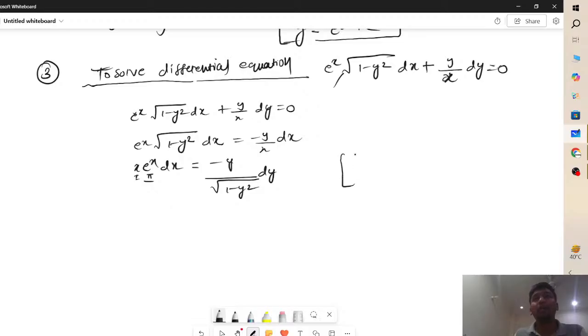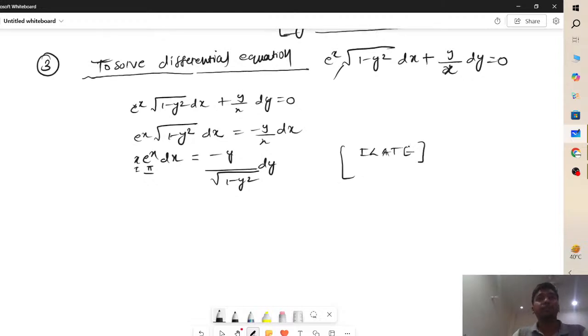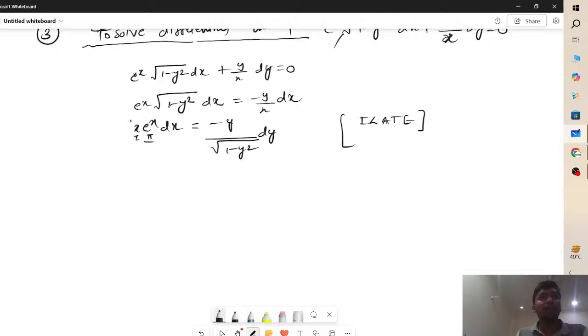Actually we are applying the concept of ILATE. And what is ILATE? Inverse, logarithmic, algebraic, trigonometric and exponential. Okay, and we start integrating both the sides.